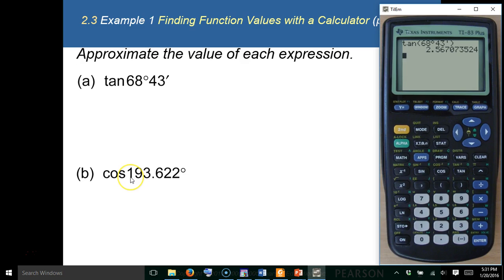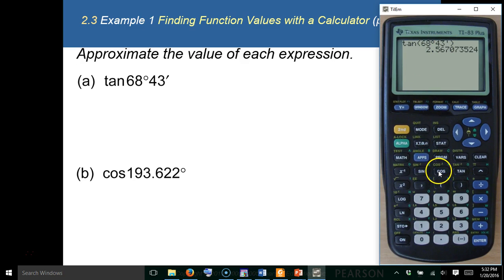Cosine of 193.622 degrees. Now, whenever we have decimal degrees and your calculator mode is in degrees, we don't necessarily have to put this symbol here. But whenever we are given degrees, minutes, seconds form of a degree, then we do need to go ahead and put degrees and minutes into our calculator right here.